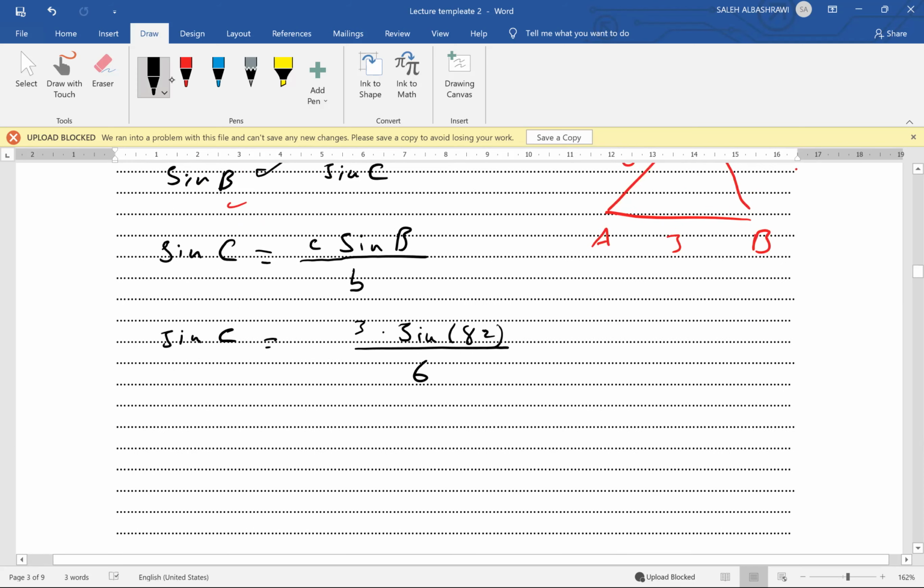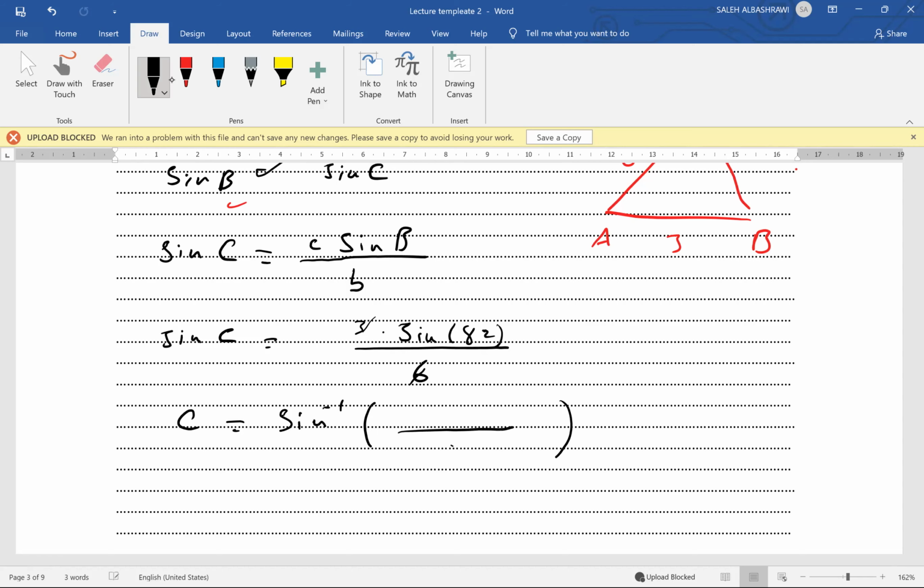Means now, to find capital C, we take the inverse sine of 3 divided by 6, which will be 2, that is, sine 82 divided by 2. So capital C will be sine inverse of sine 82 divided by 2. And again, we need to use the calculator to find the exact one.